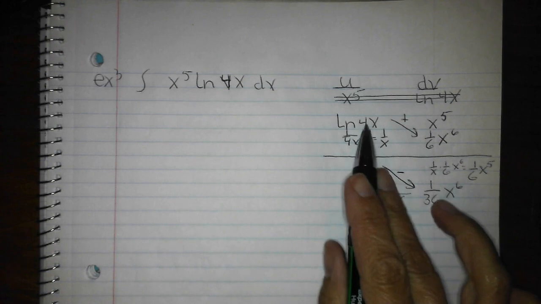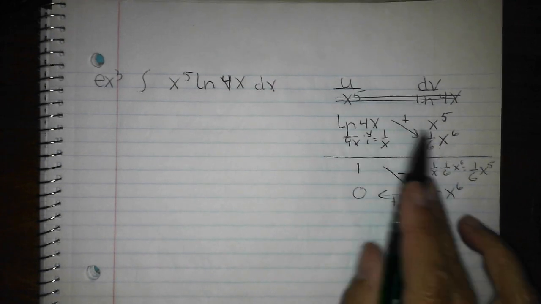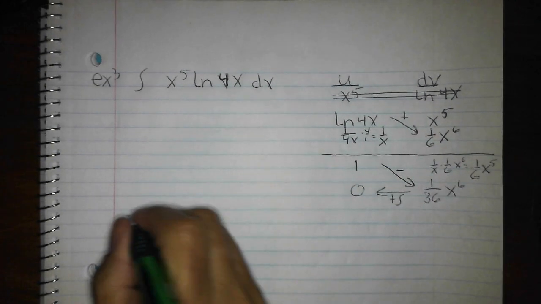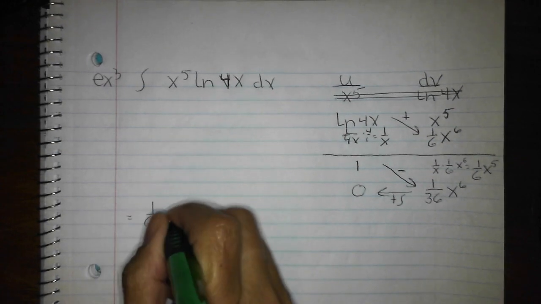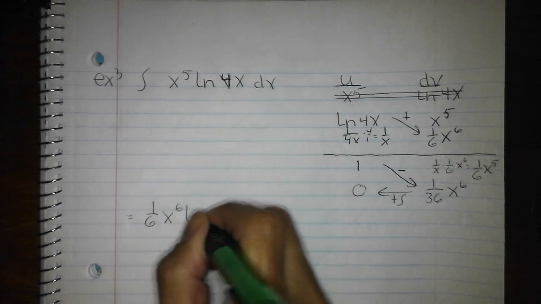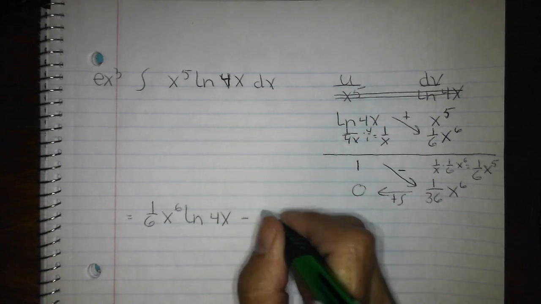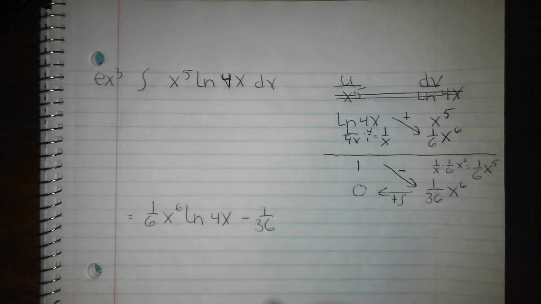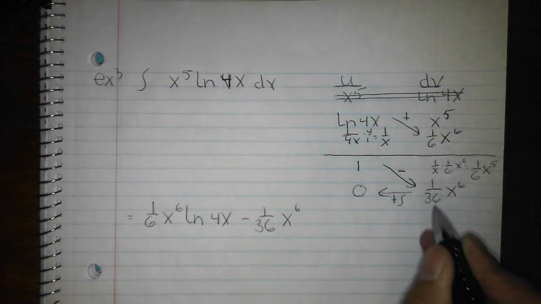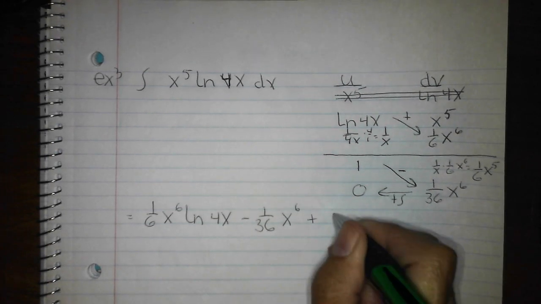So my first term is going to be 1/6 x to the 6th ln of 4x. Next one is minus 1/36 x to the 6th, and then we got our 0, our plus c.